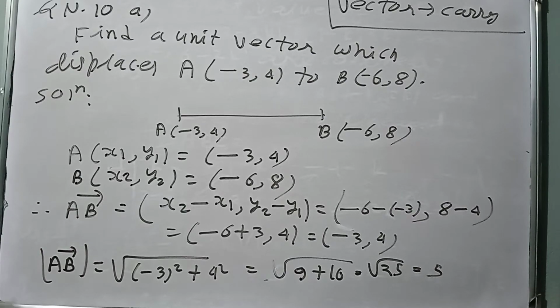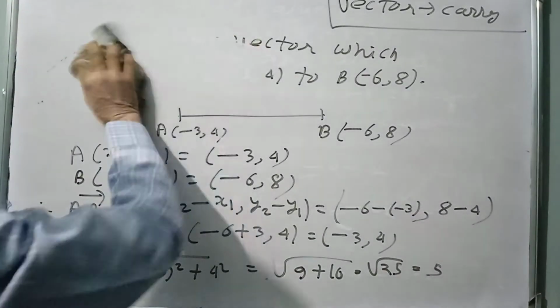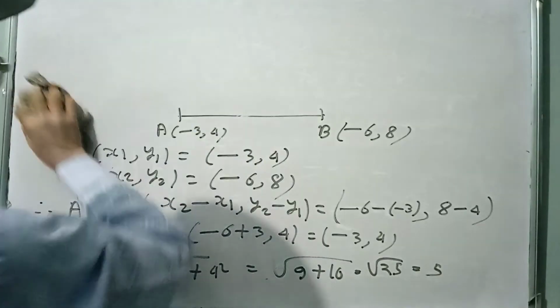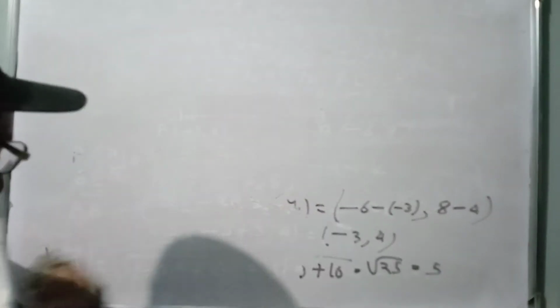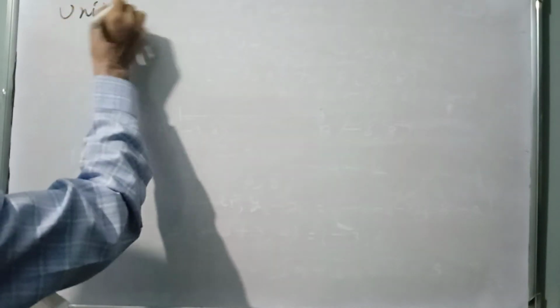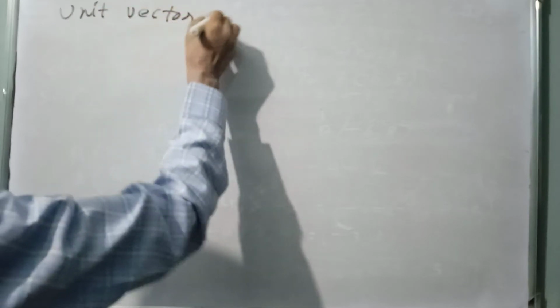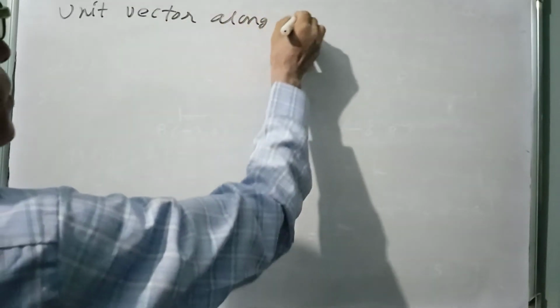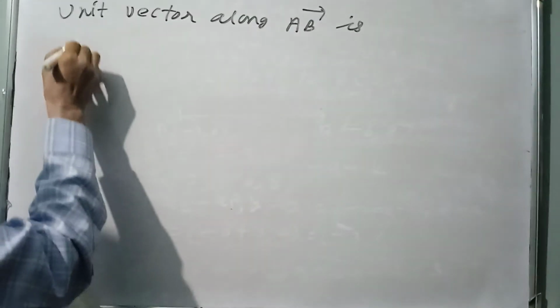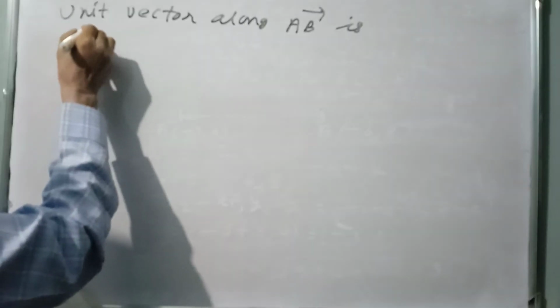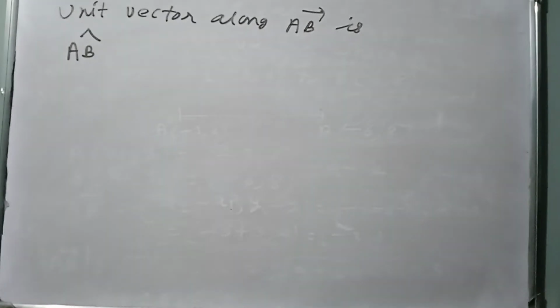What is the unit vector? Now I am going to find out the unit vector along AB. Minus 3, 4 and 5. Remember, the unit vector along vector AB, how to denote the unit vector? Say AB cap.